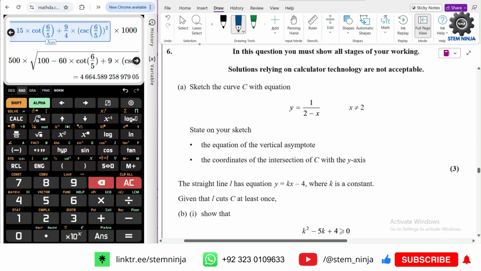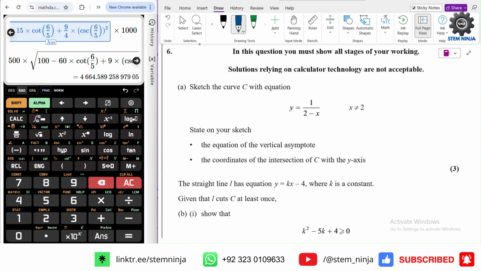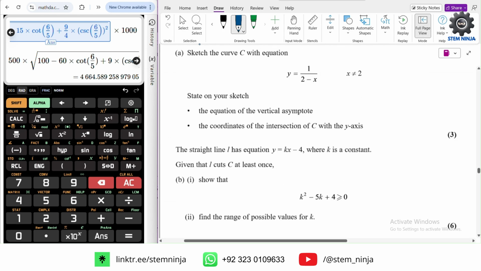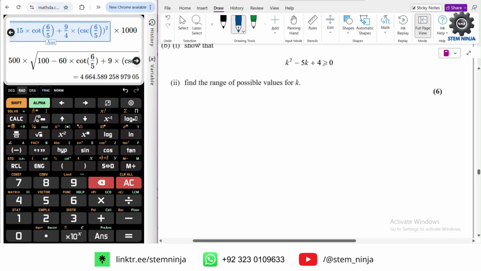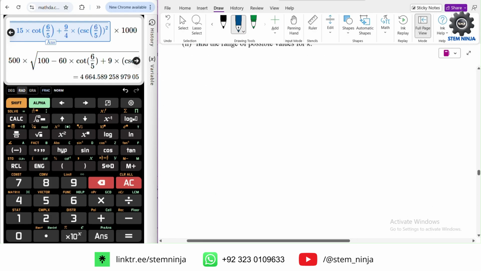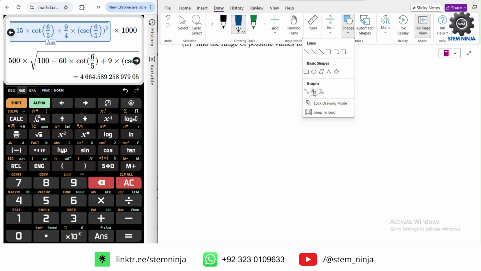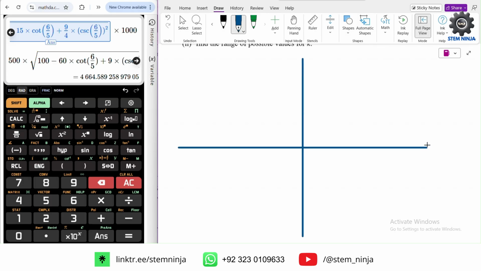Question number 6. Sketch the curve C with equation y equals 1 over 2 minus x. State on your sketch the equation of the vertical asymptote. Okay, so to do that, we have to remember how the reciprocal expressions are sketched.